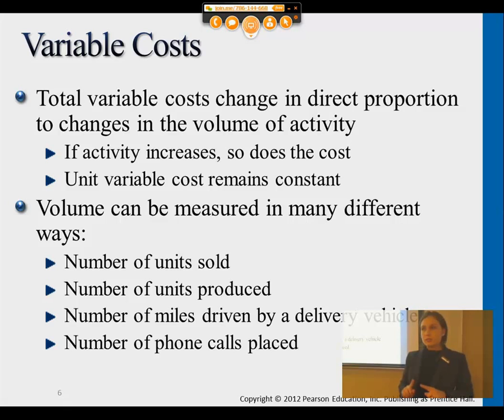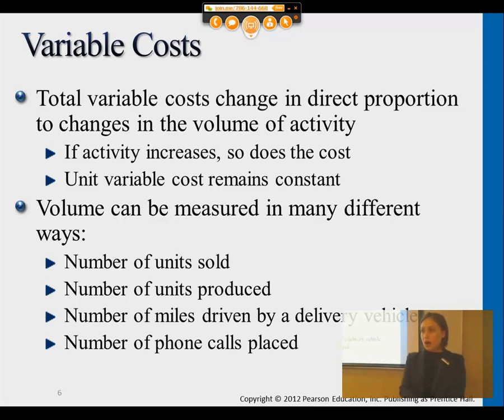Now what about, so I'm producing 100 tables, right? And now I started producing 150. What about my cost per one table? It's still the same, right? So all the variable costs are changing with the activity, okay? Per unit, it does not change. Okay, we'll illustrate this.